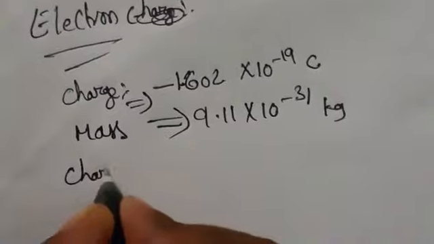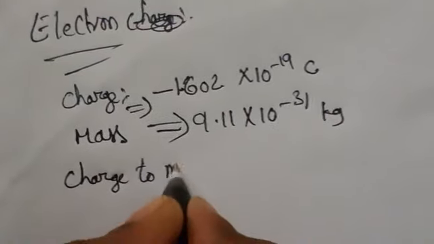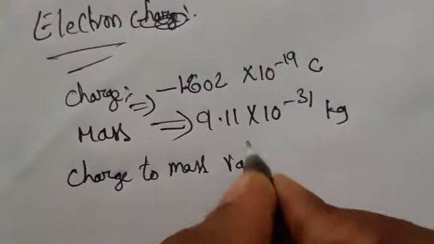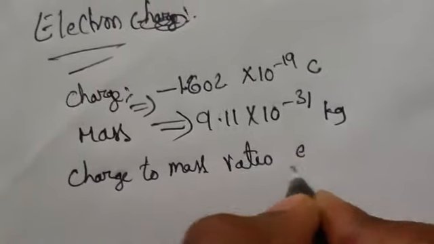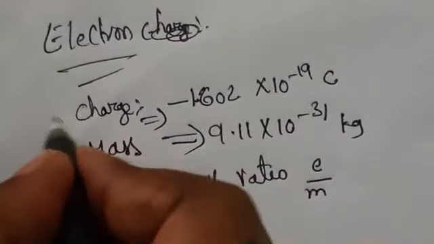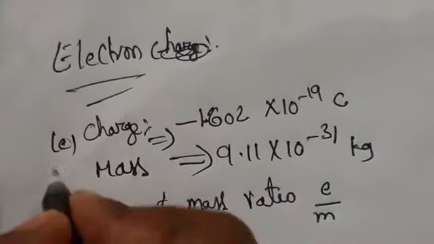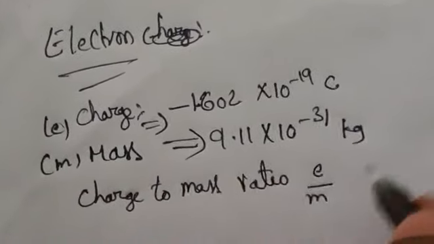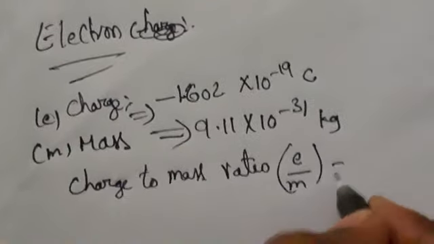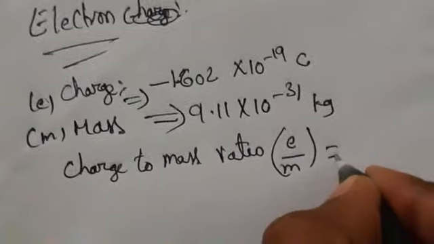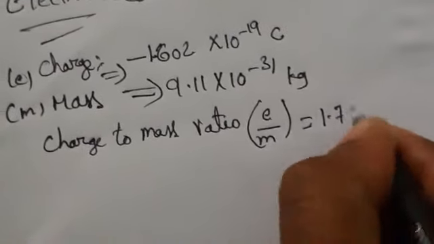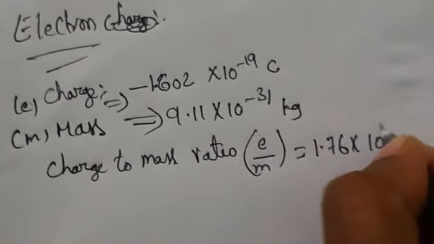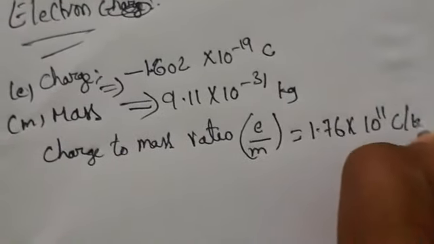The charge to mass ratio is E by M, because charge is represented by E and mass by M. So we have 1.76 into 10 to the power 11 coulomb per kg.